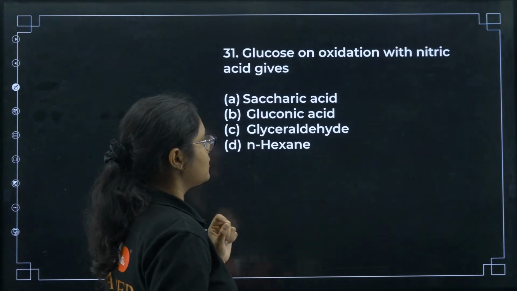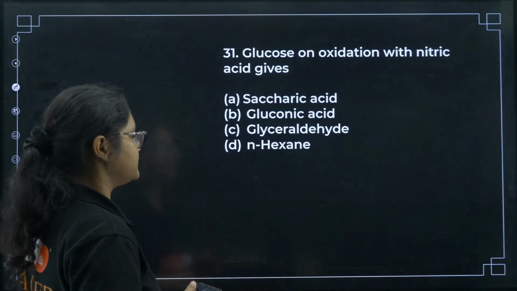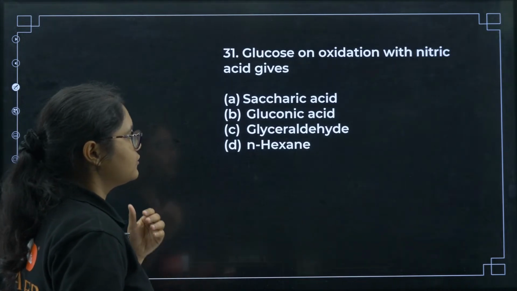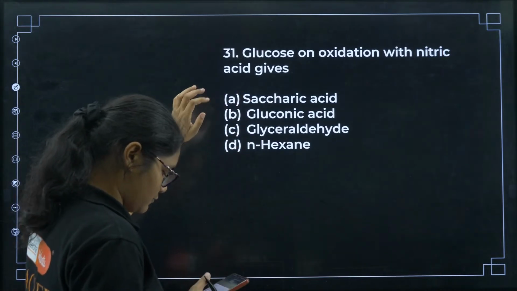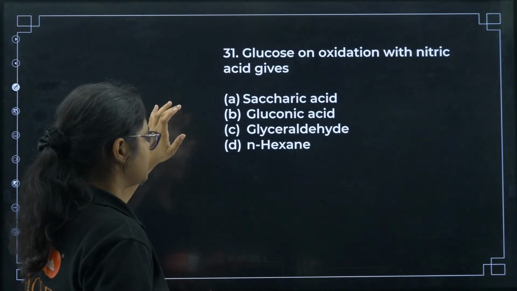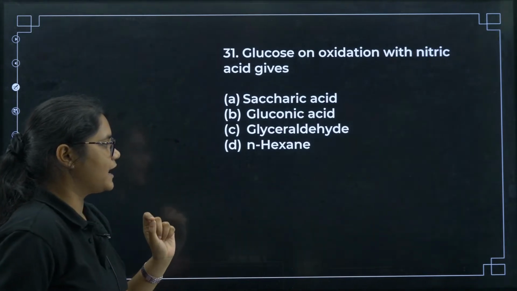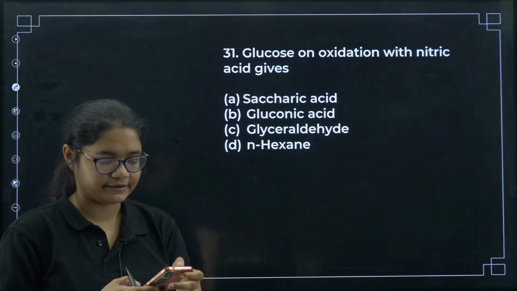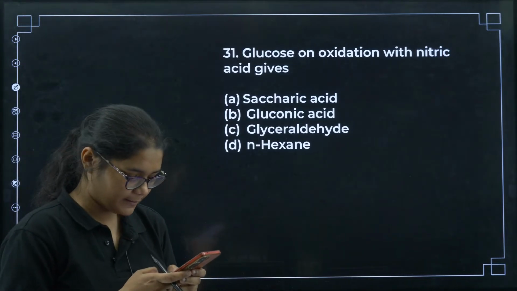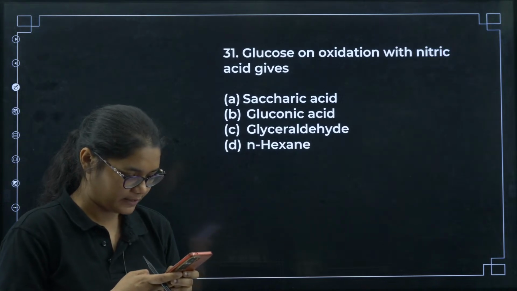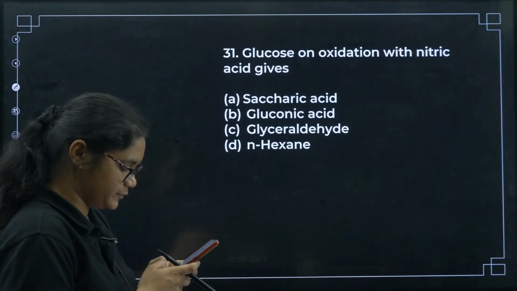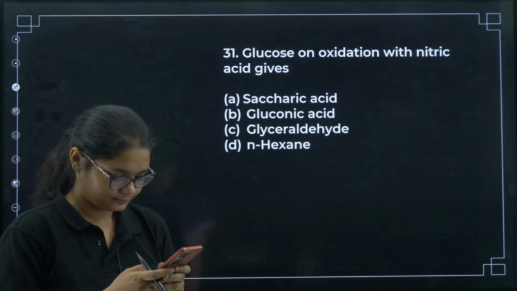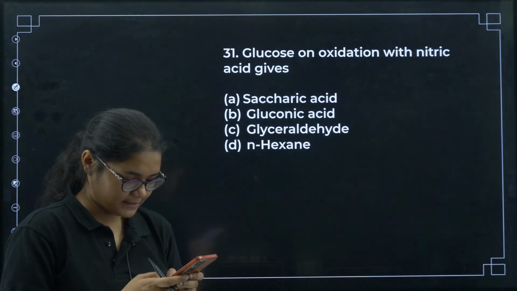31, glucose on oxidation with nitric acid. So if you do glucose with oxidation with nitric acid, what product you will get? Saccharic acid, gluconic acid, glyceraldehyde and N-hexane. This question can be little tricky, so think and answer me. Yes, all of you are doing really well, students. Can you answer this question?